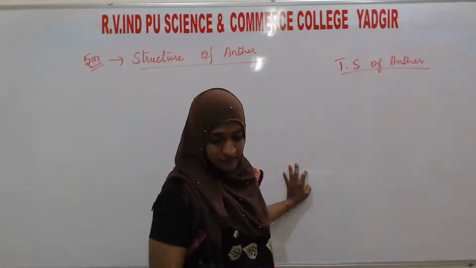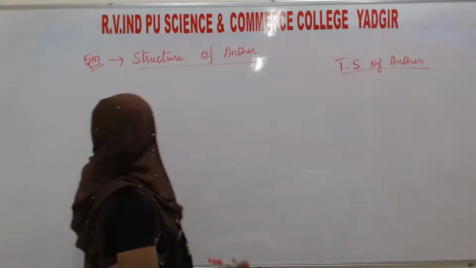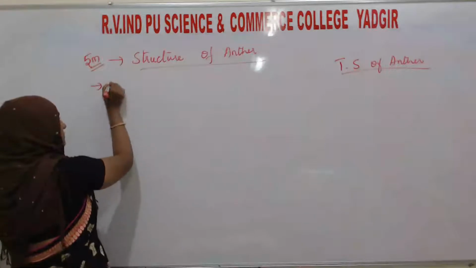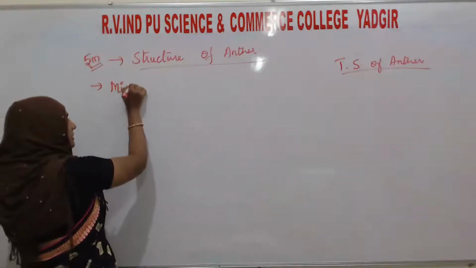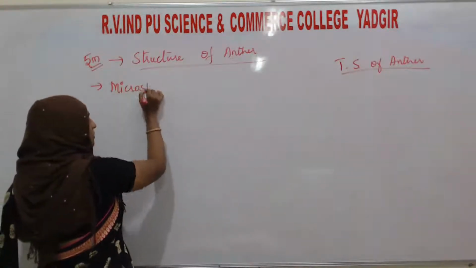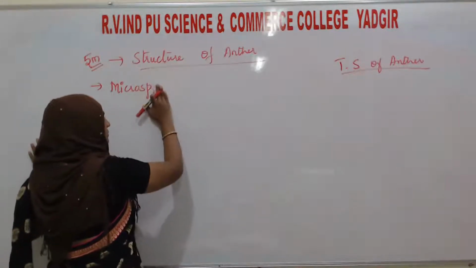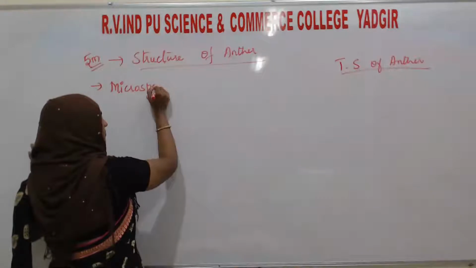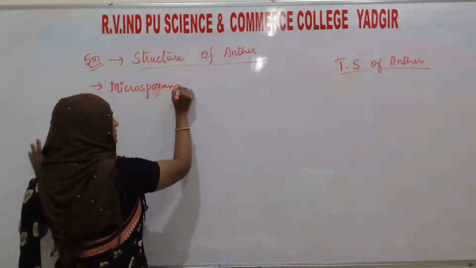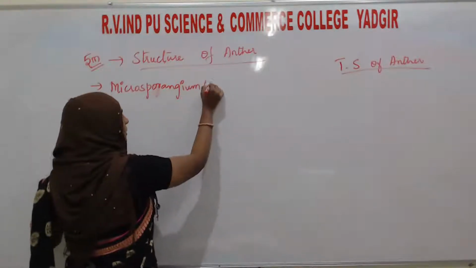So see here, first of all, in the anther there will be the presence of microsporangium. Microsporangium means the pollen sacs.